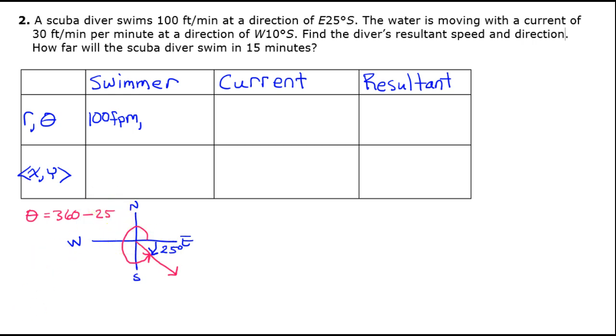And so that's going to be 335 degrees, and that's what we record on the chart. Now, the current is moving at 30 feet per minute. That's the magnitude. At a direction of west 10 degrees south.